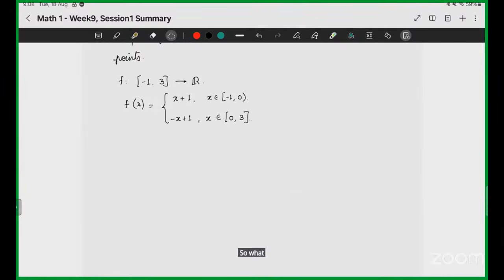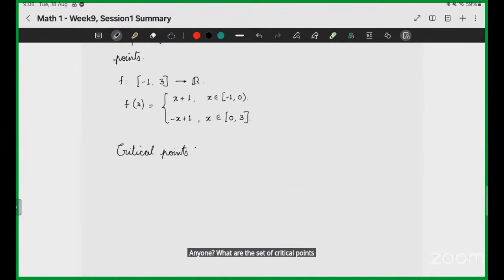So what are the critical points? First, let's talk about that. Anyone? What are the set of critical points?